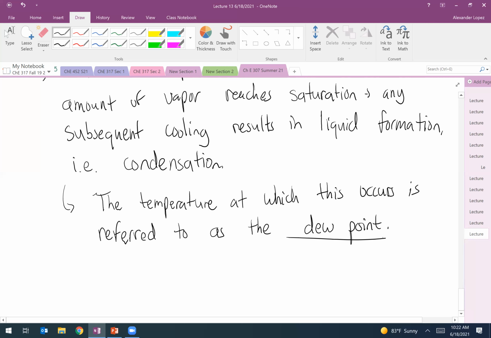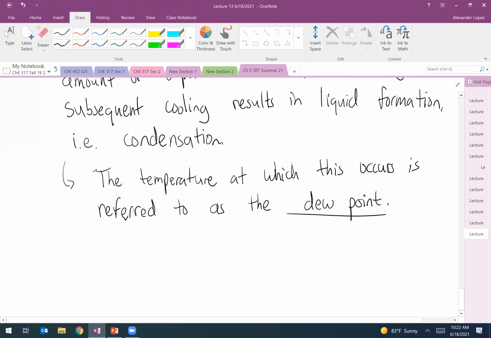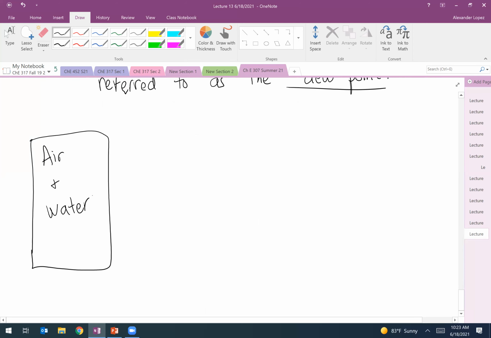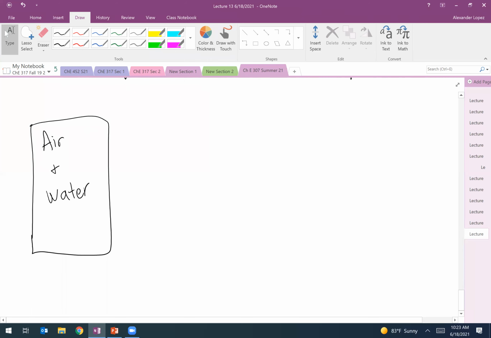So I think the best way I can further illustrate and describe what's happening here is through some wonderful drawings. Let me go back to my same system, but in this case, I have air and water and no liquid.